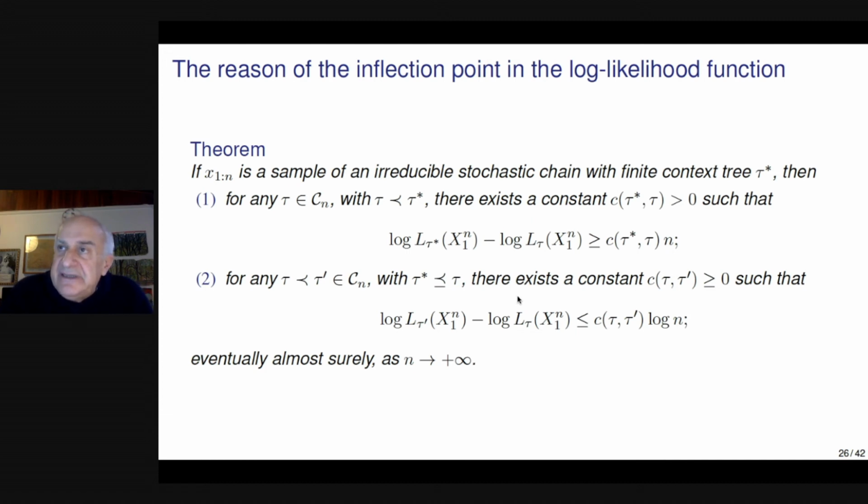So there is a difference in regime when we go past the correct champion tree, which is tau star.